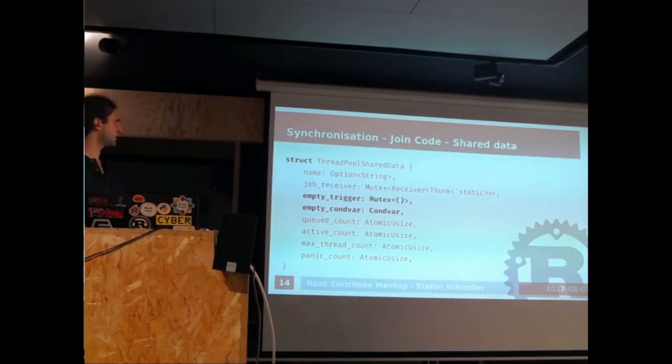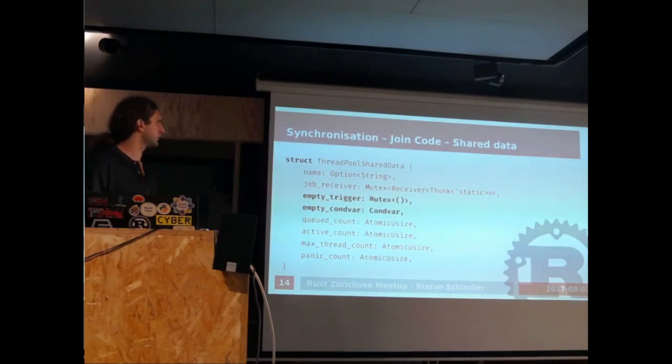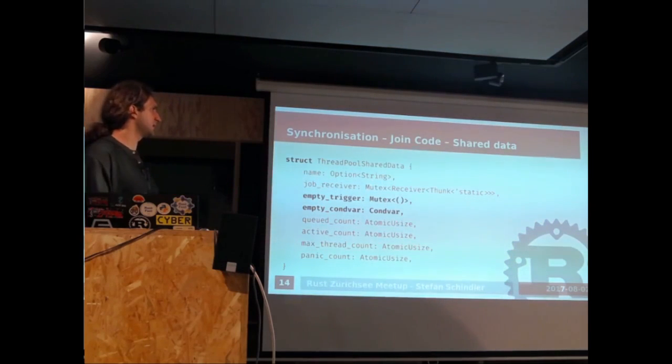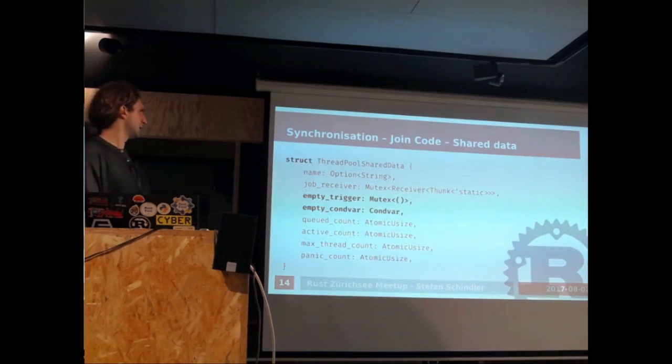Shared data is rather simple. For now, let's focus on these three. We have the receiving end. We only have one receiving end per channel. That's why it's inside a mutex. We have this empty trigger and the conditional variable, which are required for the join operation.